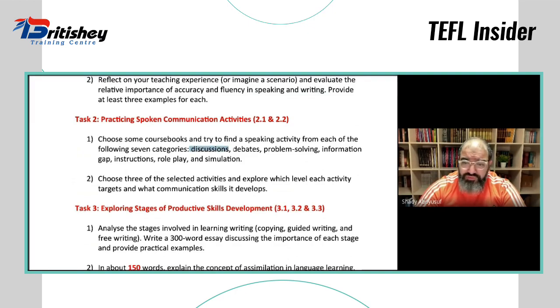We have discussions, debates, problem solving, information gap, instructions, role play and simulation. And I can say you can put simulation and role play together and consider it 1 category. Instead of providing 7 activities from course books, you can provide only 6, no problem, because role play and simulation can be very close.